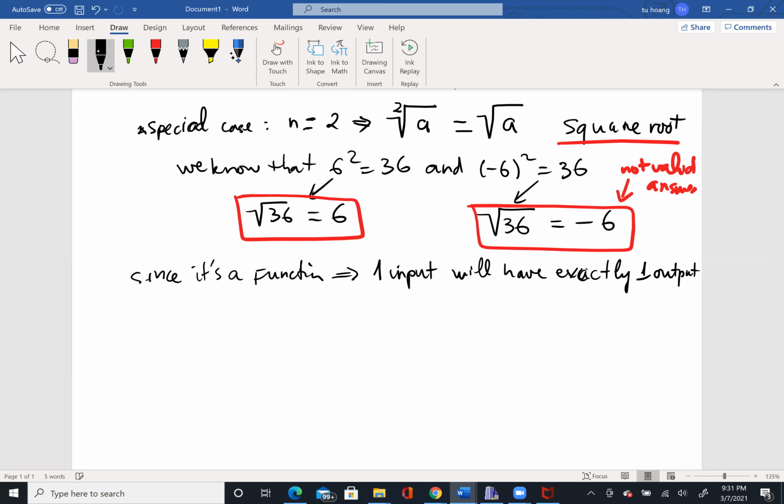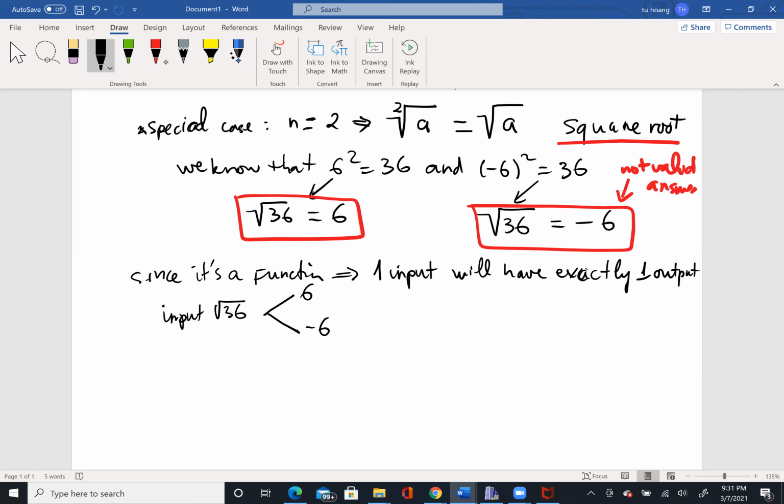So you cannot have one input giving you two outputs. So look over here. The input was square root of 36, but giving you 6 and negative 6.